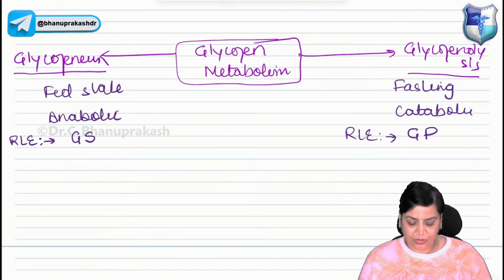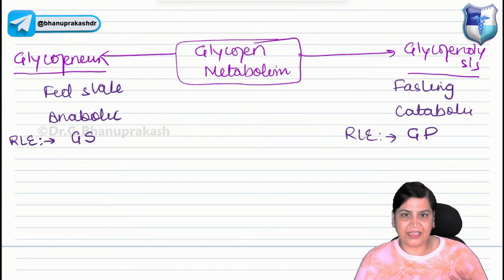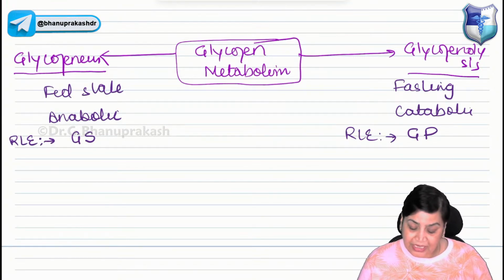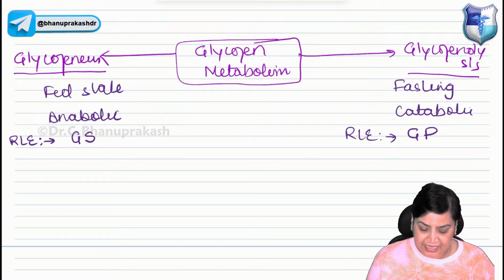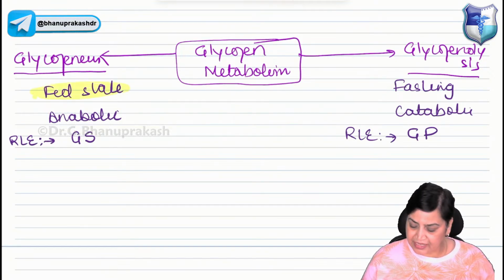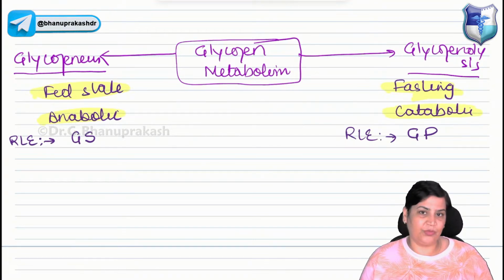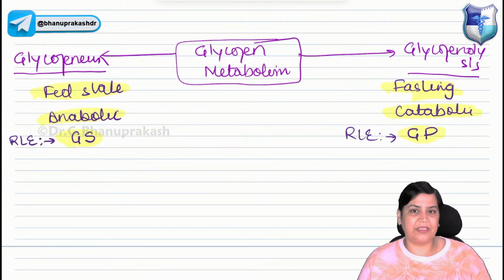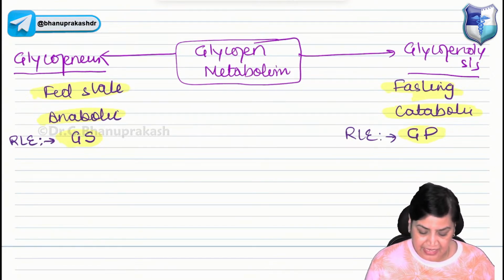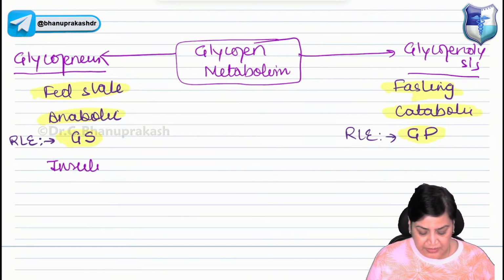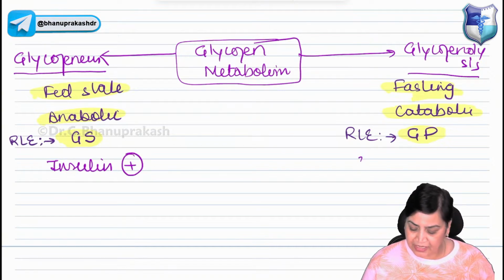Now, what I was discussing was the comparative thing. In glycogen metabolism, glycogenesis occurs in the fed state, and this occurs in the fasting state. Since it occurs in a fed state, it has to be anabolic. It is occurring in the fasting state, so it has to be catabolic. Here the rate limiting enzyme is glycogen synthase. Here the rate limiting enzyme is glycogen phosphorylase. And then the last but not the least difference: anabolic, so insulin promotes, and here glucagon promotes.